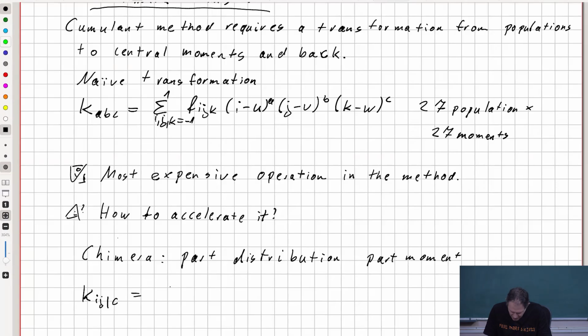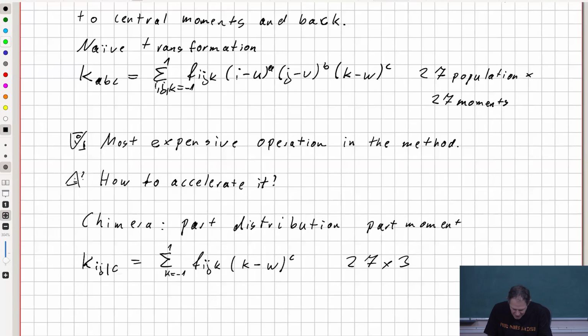Very trivially, K_ijc is the sum over k equal to minus 1 to 1 of f_ijk times (k minus w) to the power of c. There are 27 populations, but three values of the moment, so c is 0, 1, 2.